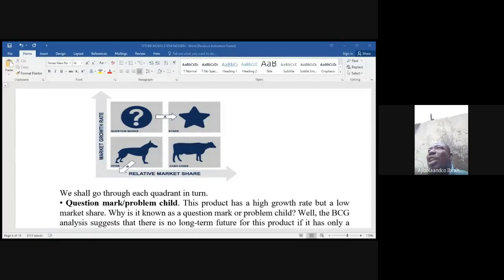But for a dog, both circles must be small. Then the other ones are one small, one big. This gives an edge for others who do not have the formula, so that they won't be confused when you are treating them. Now, before you go, come back for the explanation of each of the quadrants.